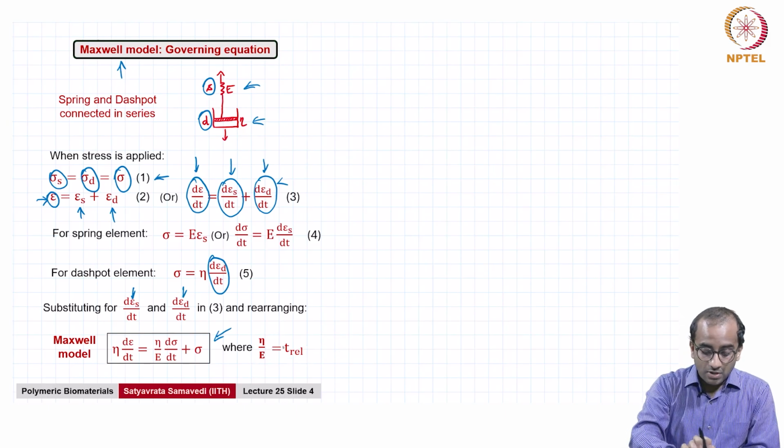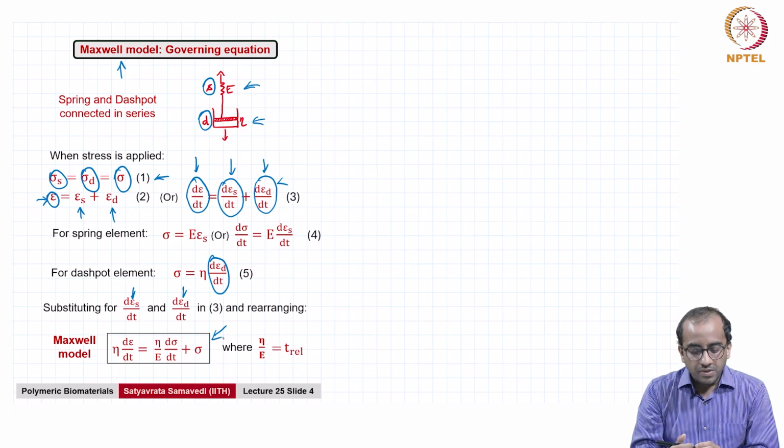At any rate, now that we have the governing equation for the model, we subject this model to the two types of viscoelastic behavior that we want the model to predict, namely creep and stress relaxation. In one case we let the strain be imposed and remain constant, and then we want to see how stress relaxes.